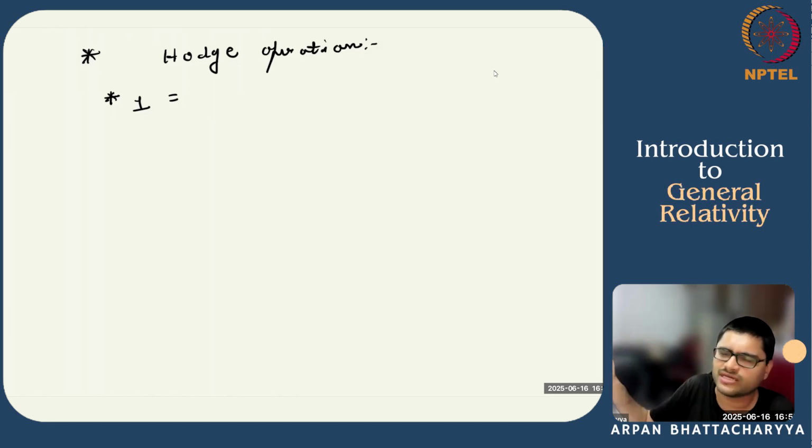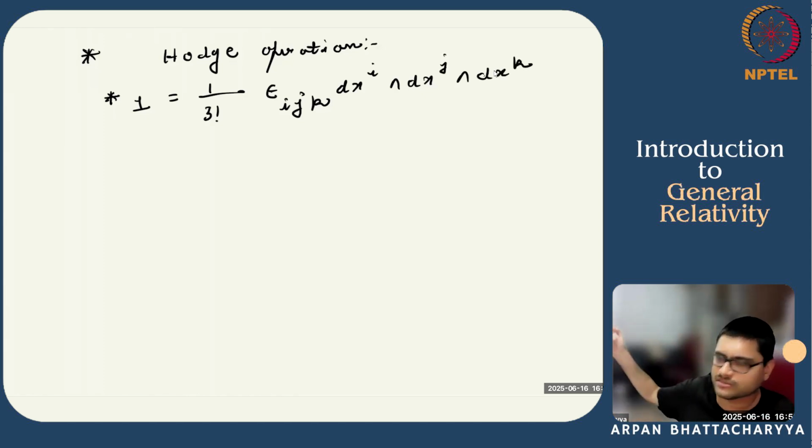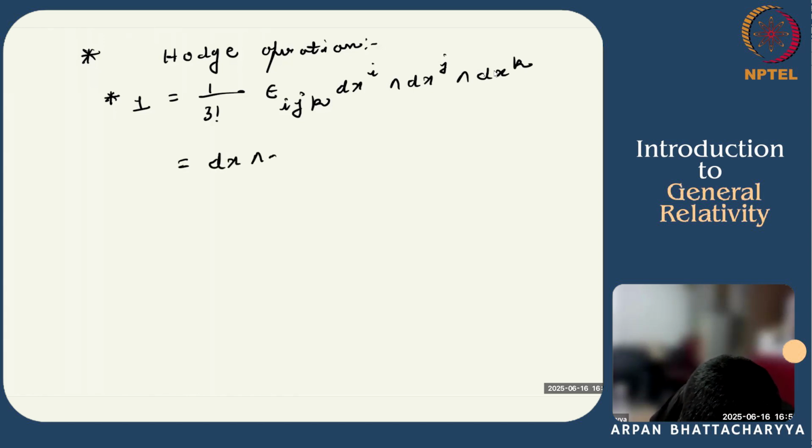So p is 0 and d is 3, so a 3-form. It is 1 over 3 factorial, d minus p factorial, 3 minus 0, so 3 factorial, and there is epsilon with 3 indices ijk, dxi wedge dxj wedge dxk. ijk takes values 1, 2, 3, x y z, and this is nothing but dx wedge dy wedge dz.